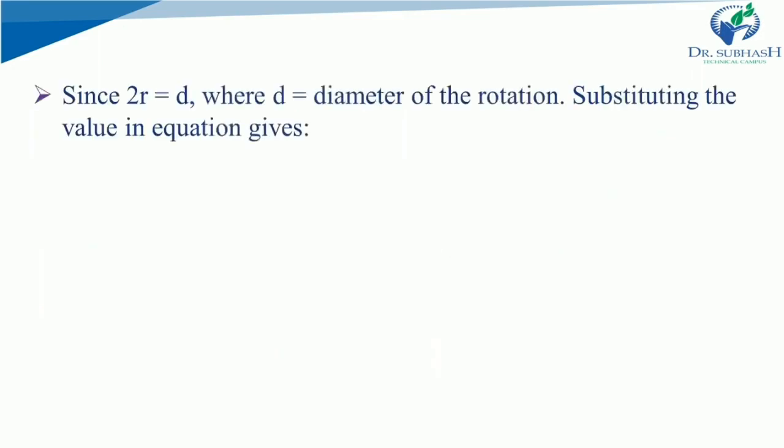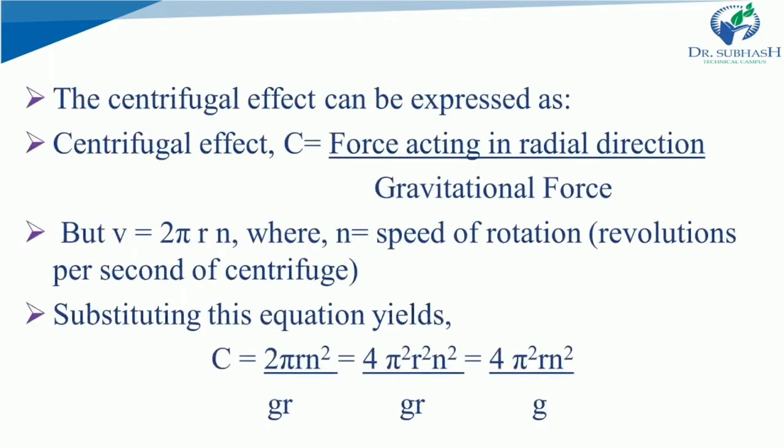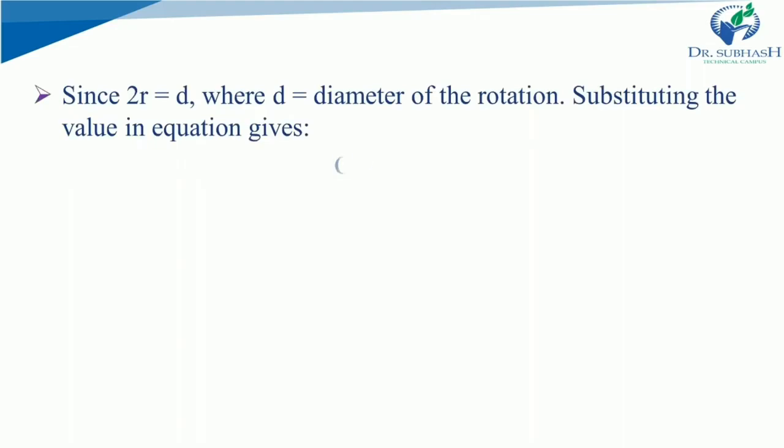Since 2R is equal to d, where d is the diameter of the rotation, substituting the value in the last equation, you will need to substitute 2R equal to d. So you will get this equation: C is equal to 2 pi square d n square divided by g. If you see the past equation, you have just replaced the 2R.